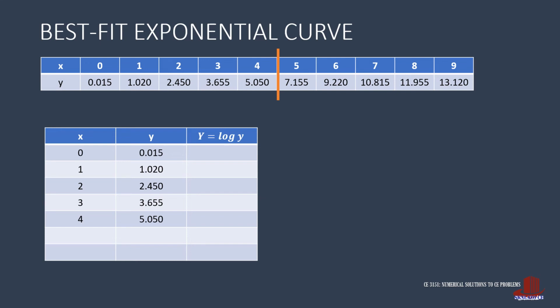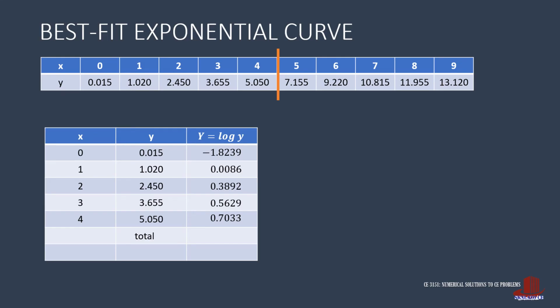The first table then contains x from 0 to 4, with an added column for capital Y. Fill up the third column taking the logarithm of 0.015 as negative 1.8239, log of 102 as 0.0086, and so on until the column is filled. Next is to take the total.